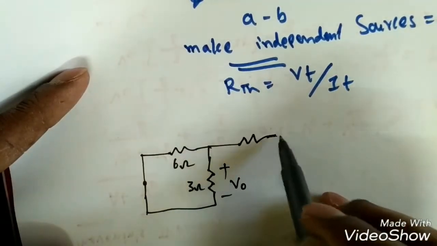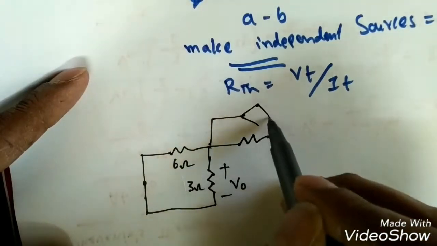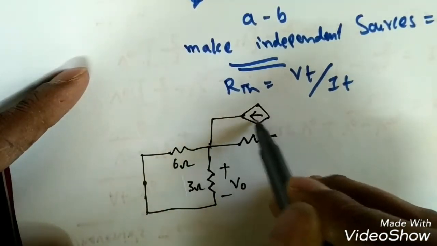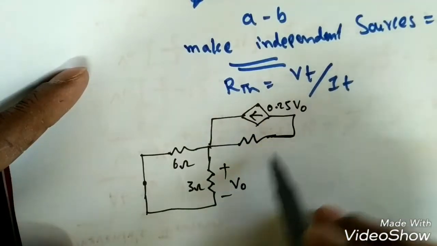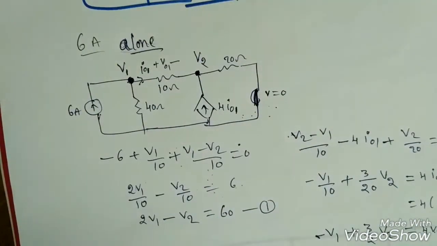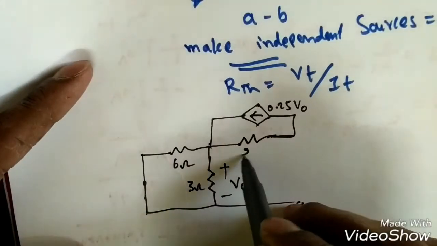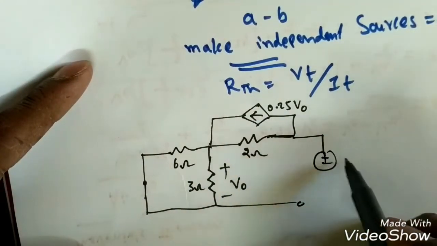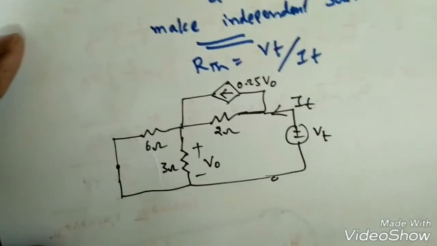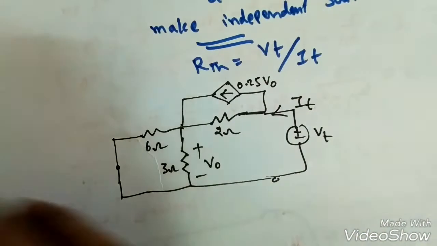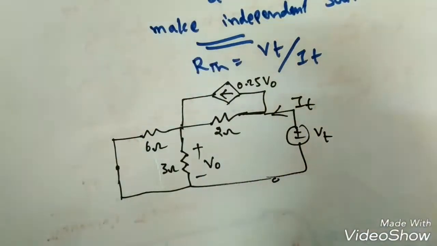This is a resistance, and there is a dependent source which is going like this, which is 0.25 times of V0, right? And this is 2 ohms. Now here I'll apply a test voltage and a test current. Then if I find Vt by It, we can find the RTH.